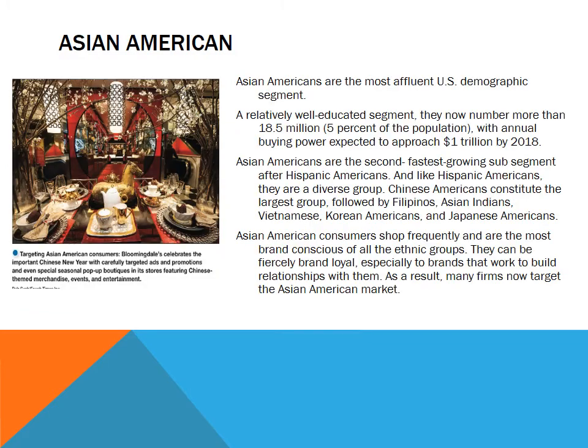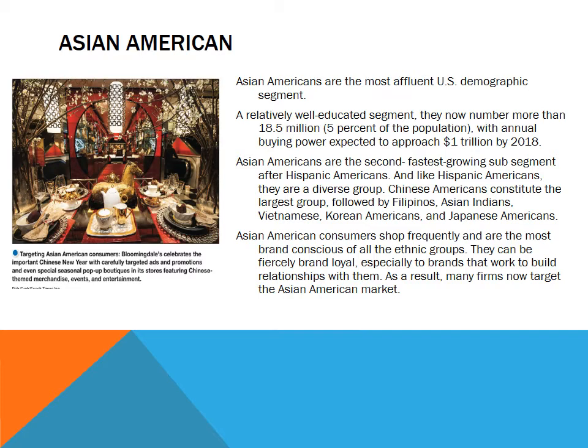So this is something that we can use as a marketer if we would like to target African Americans, or maybe Asian Americans, the most affluent U.S. demographic segment in the United States. They are a well-educated segment, and the second fastest growing subsegment after Hispanic Americans. They are really diverse because they not only consist of Chinese from mainland China, but also come from the Philippines, India, Vietnam, Korea, and Japan.